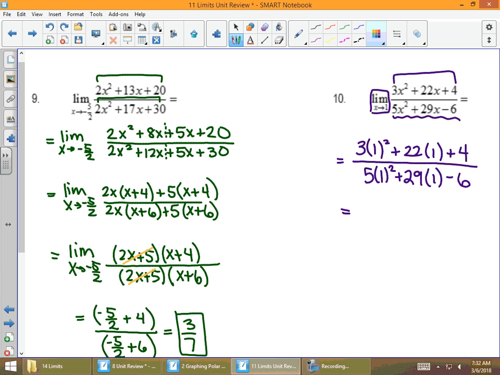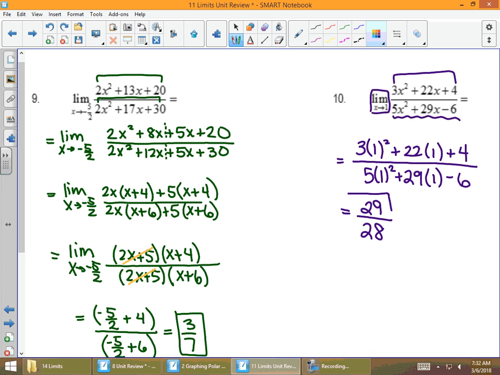And there's no way I'm going to get a 0 in my denominator, so I'm in great shape. So 22 plus 3 is 25 plus 4 is 29. 5 plus 29 is 34, minus 6 is 28.